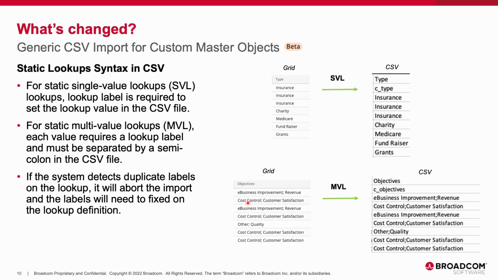For MVLs, each of the different values are delimited by a semicolon, and that's the same way it's going to look inside the CSV as well. Note, there is a possibility inside your static lookup you could have duplicate labels. If the system identifies that you have duplicate labels, it will abort the lookup and nothing will be imported. Keep that in mind, and the system will identify that when you're trying to do the import at runtime.